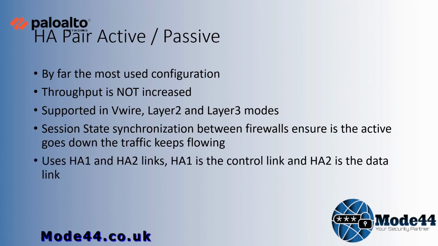As before, it uses the HA1 and HA2 links. HA1 is the control link, and HA2 is the data link. HA1 is layer 3, and HA2 is layer 2, so that's just something to bear in mind. HA3 is also layer 2, I believe, but HA1 and HA2 is what you're going to use for this.